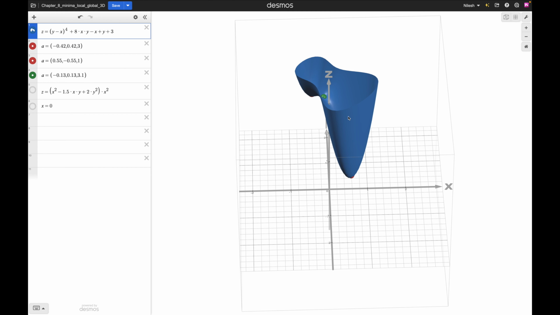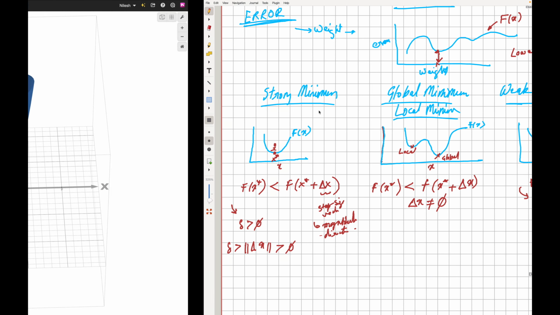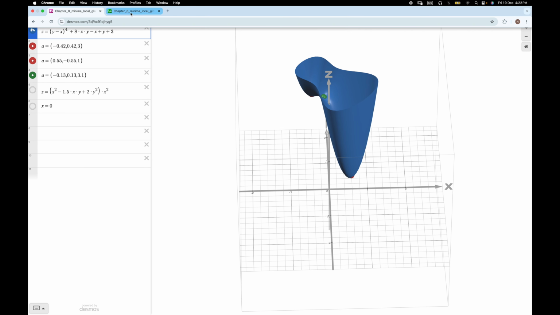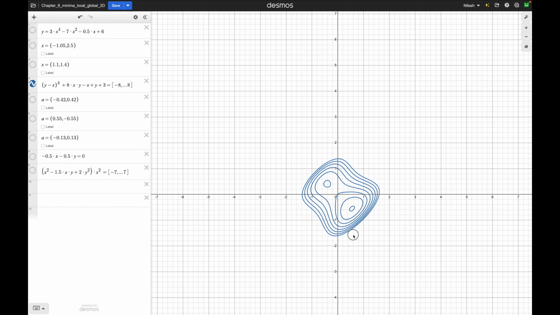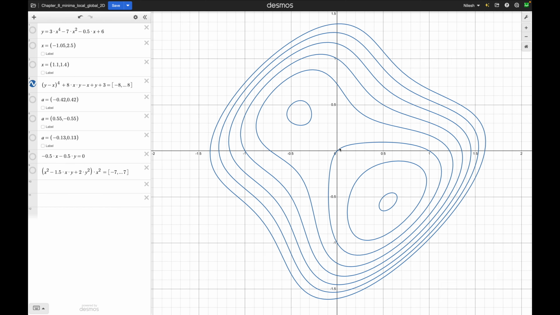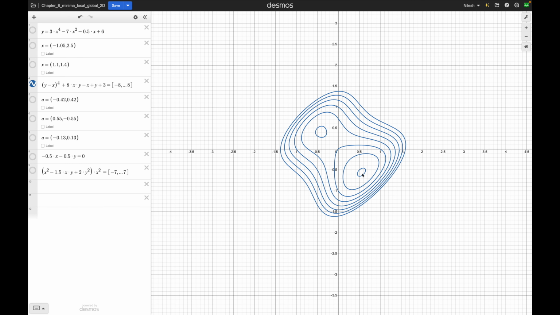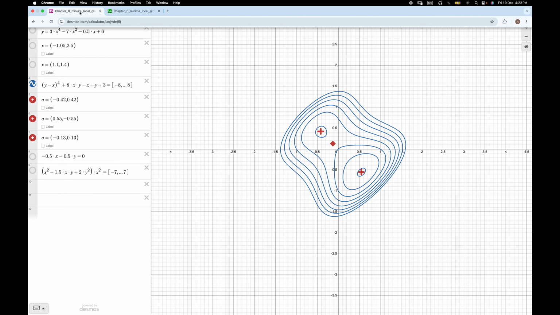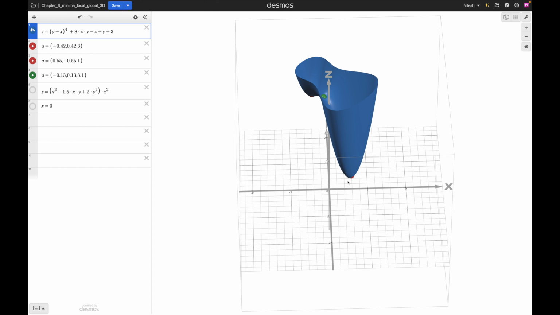And if we look at the contour plot of this, let's go to the 2D view. This is how it looks, and this is the minima. This is another minima that we saw. We can plot these. That's the saddle point shown here by the diamond. This plus up there, that's the local minima, which is this one.